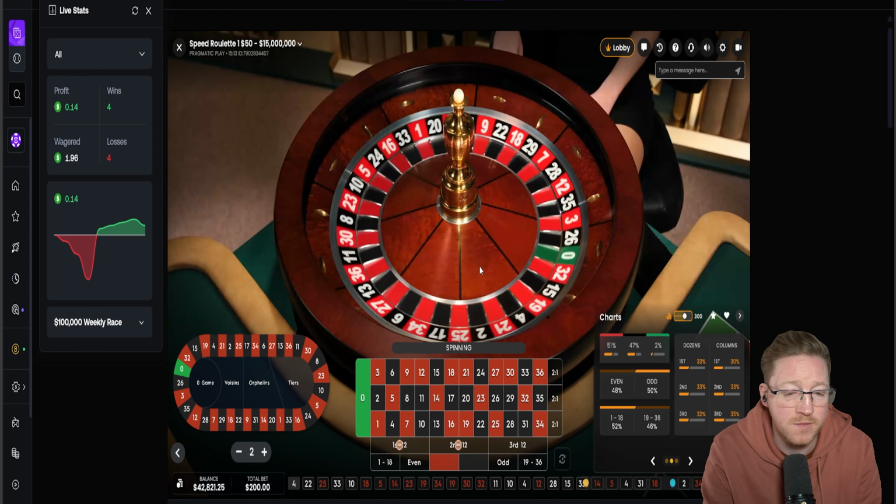So any number in here that's black, that will do us nicely. There we go, and it's a loss. 33 black. And we need to move this to here.